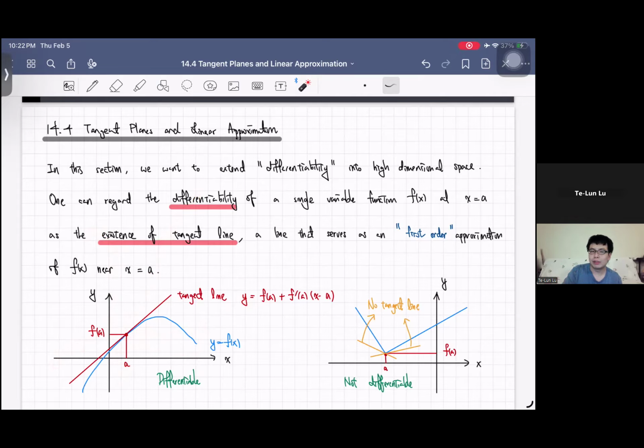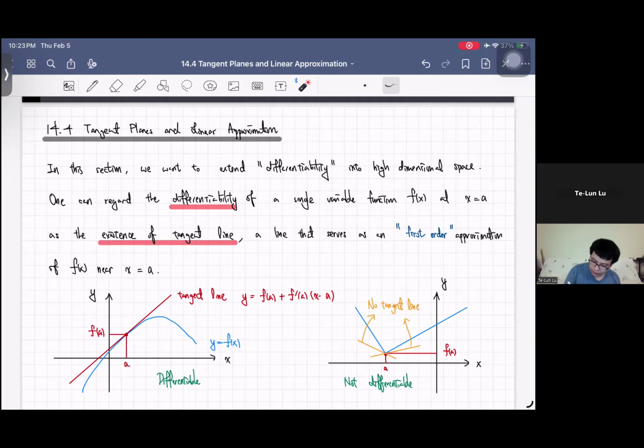The first order approximation, or a tangent line, those are interchangeable phrases, simply means that not only does the line intersect the curve, the graph, at the corresponding point, but also near the point it looks very much like the function. Not only is the point the same, the points near x equals a are also closely related to the tangent line.